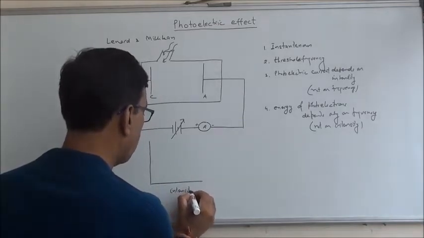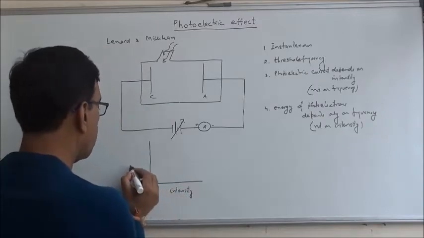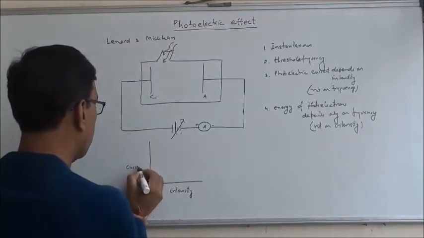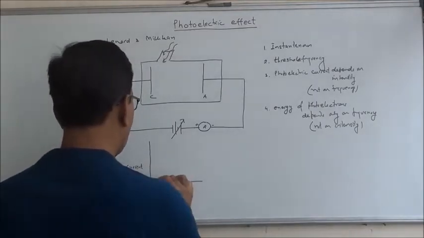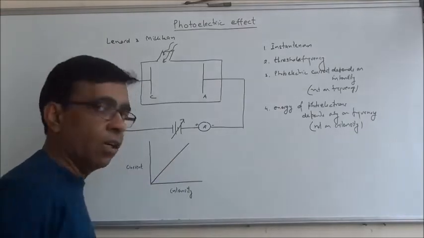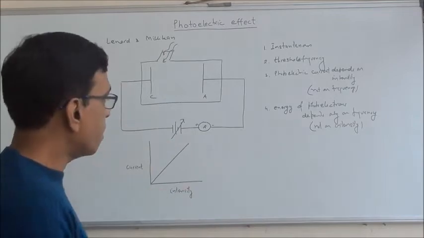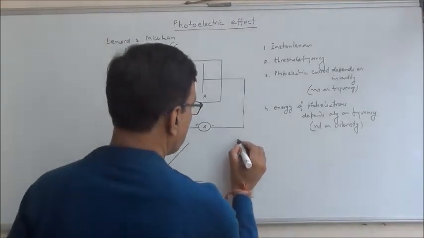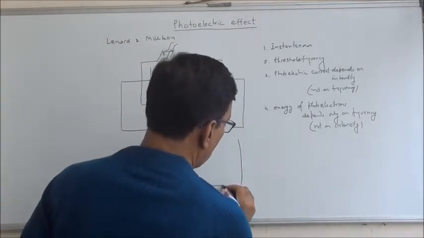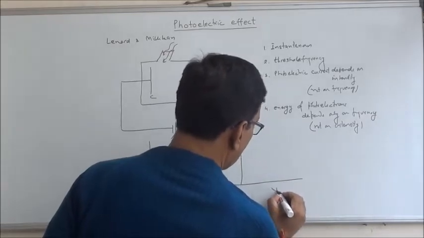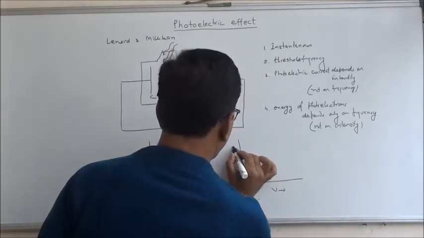First, the straightforward relationship between intensity and current. This is photoelectric current flowing in the circuit, this is intensity. Linear relationship. You increase the intensity and the current is increasing. Straight graph. Now some more things: potential and current.